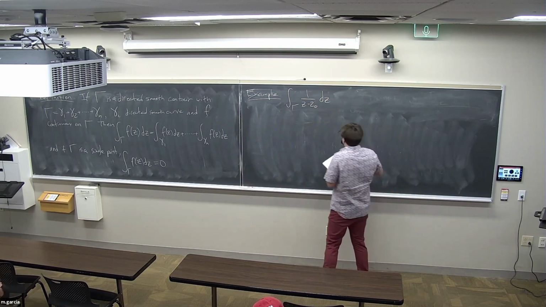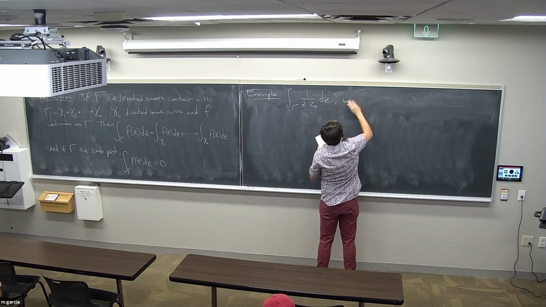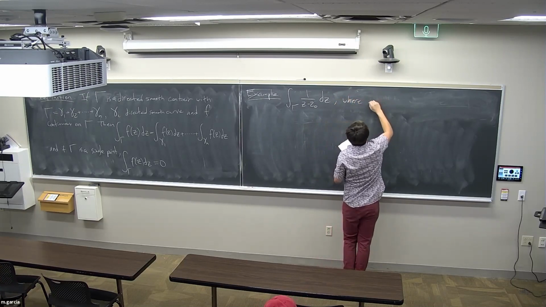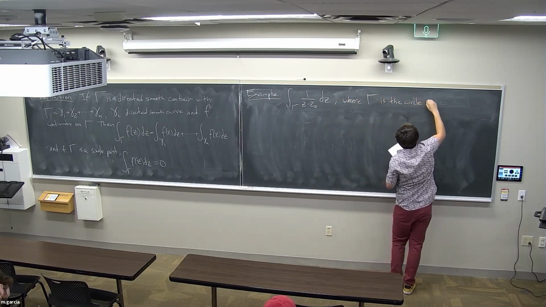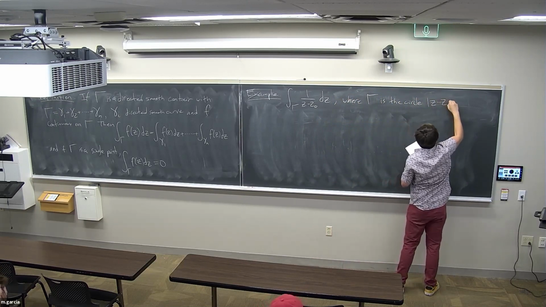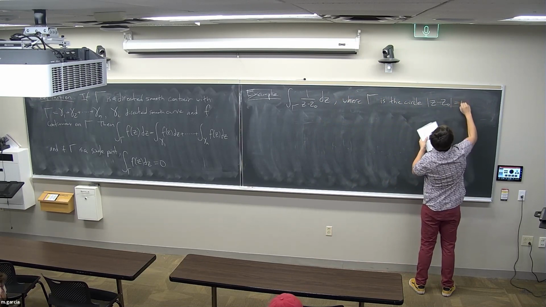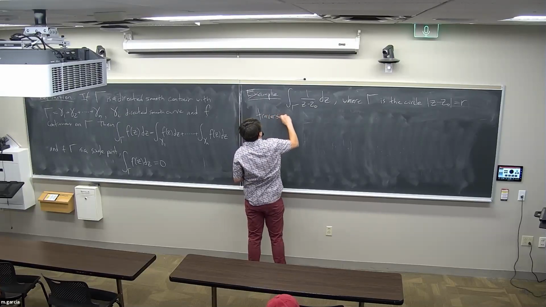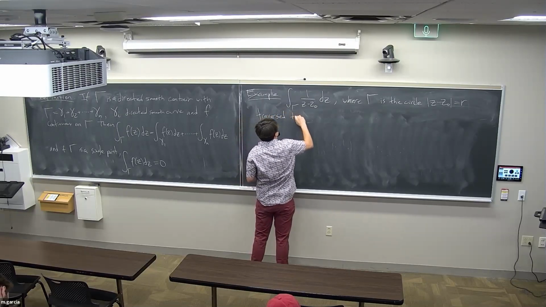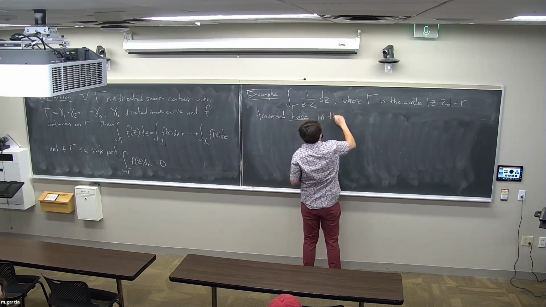We're going to change our contour, where gamma is the circle modulus of z minus z naught equal to r, traversed twice in the clockwise direction.